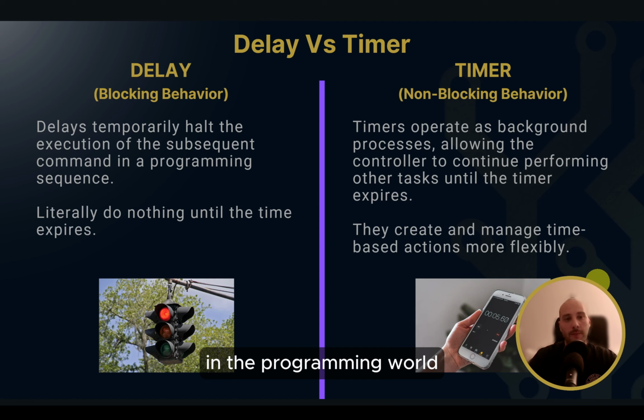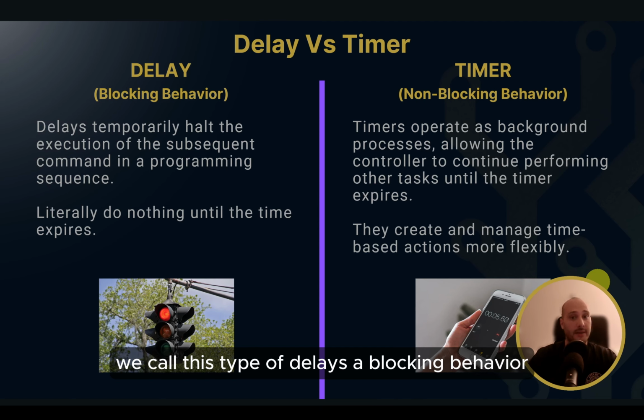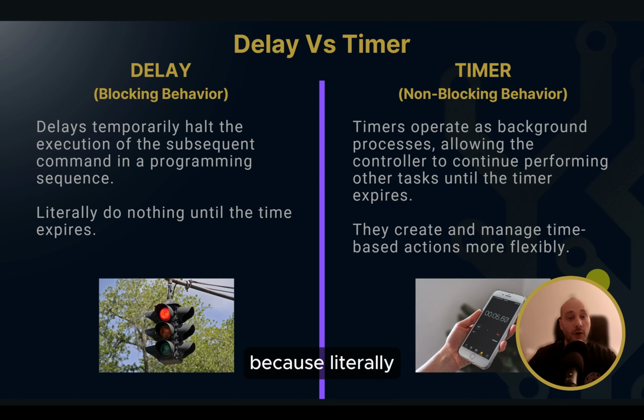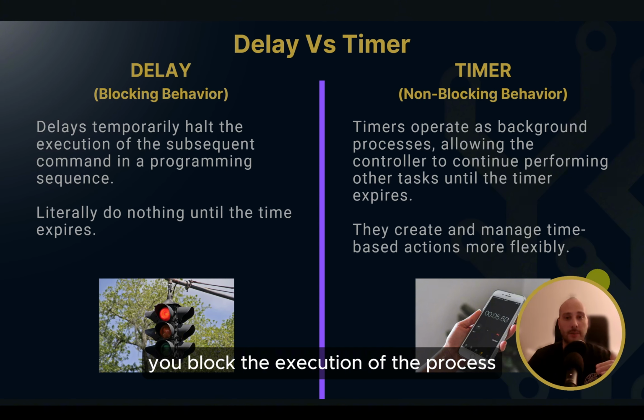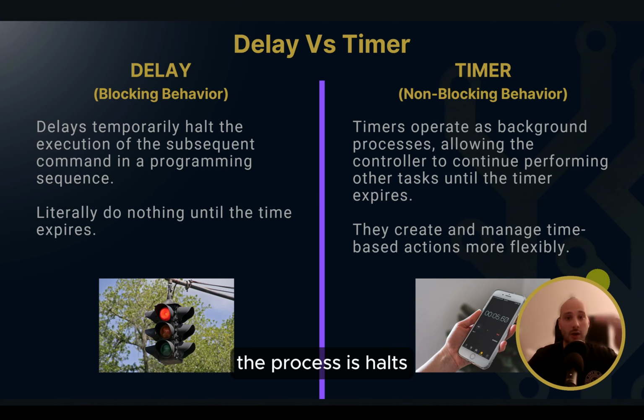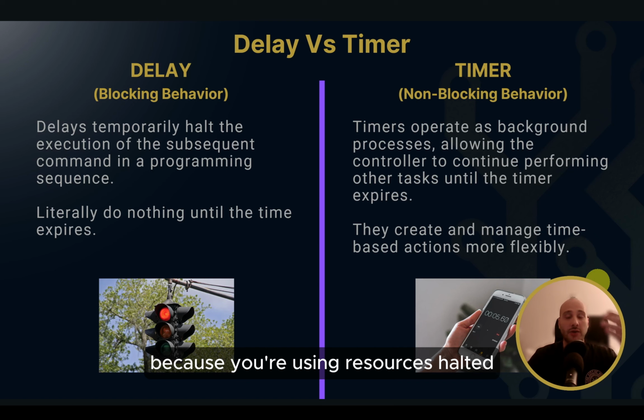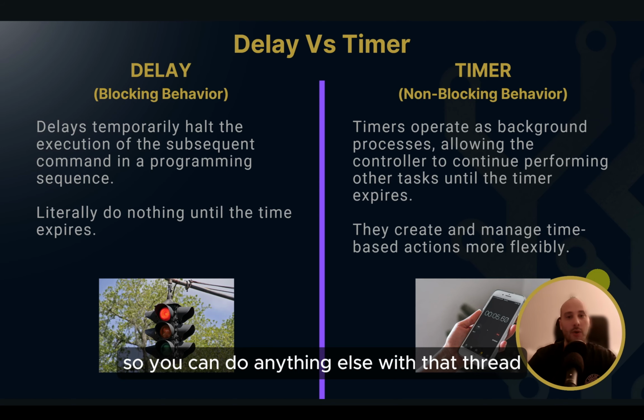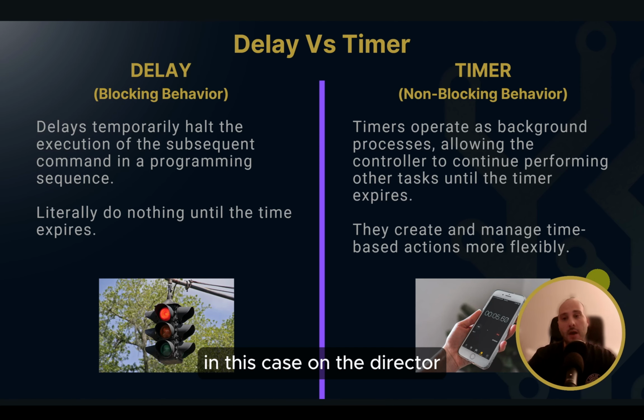In the programming world, we call this type of delay a blocking behavior, because literally you block the execution of the project. The process is halted because you are using resources, waiting to finish the timing. So you can't do anything else with that thread, in this case, on the Director.